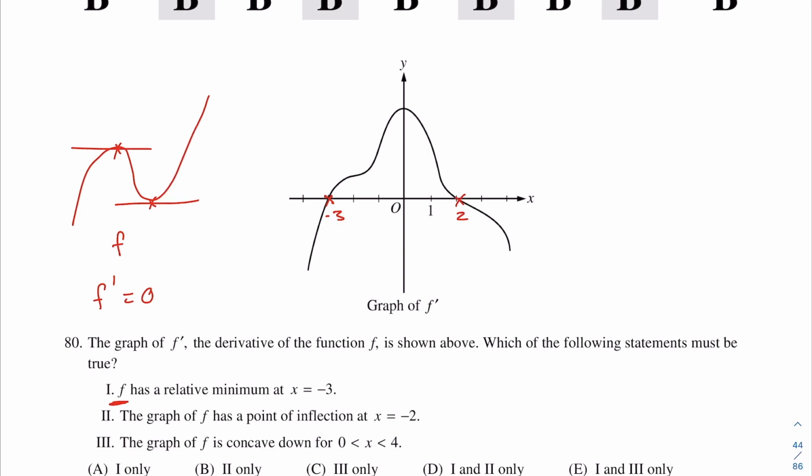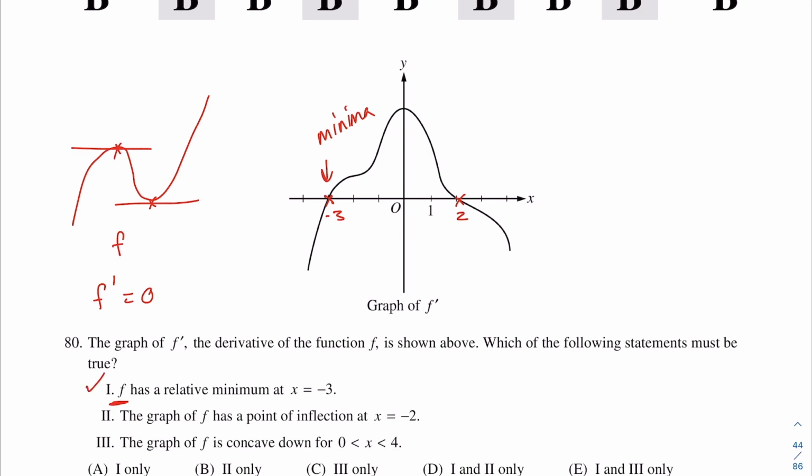And likewise, if the slope before it is positive and the slope after it is negative, then we know it's a maximum. So for our point here, x equals -3, the slope before it is negative. These are all negative values. And the slope after is positive. So this tells us that this is a minima. And therefore, statement 1 here must be true.